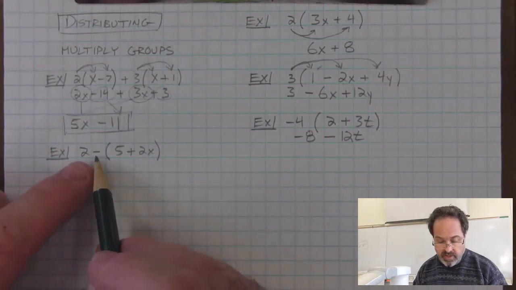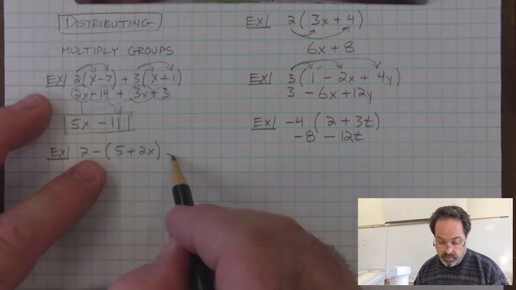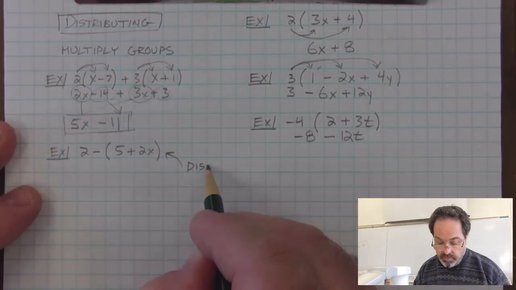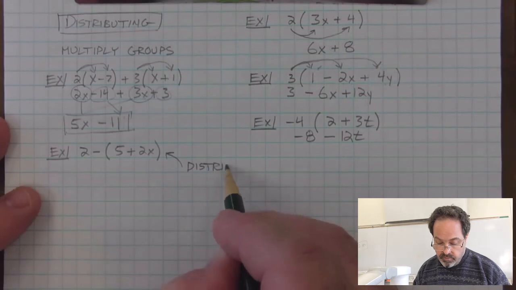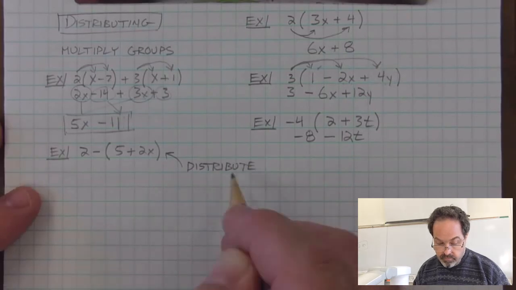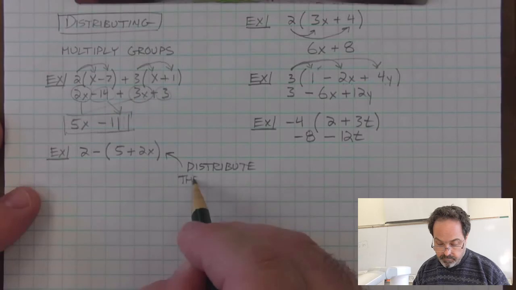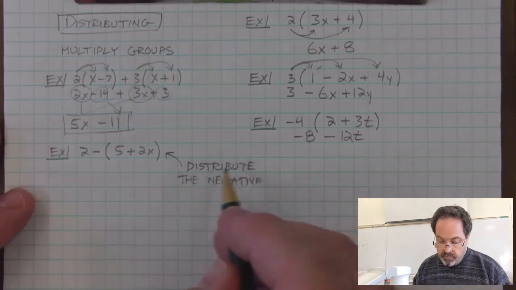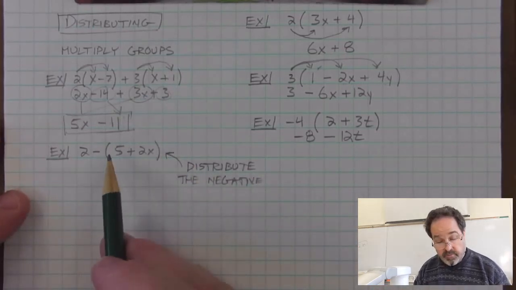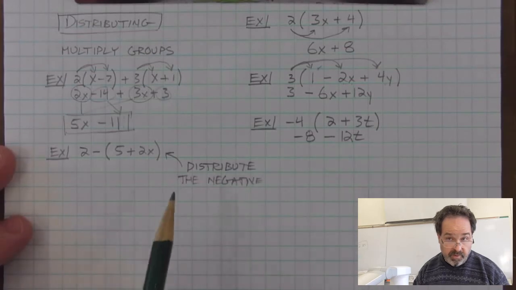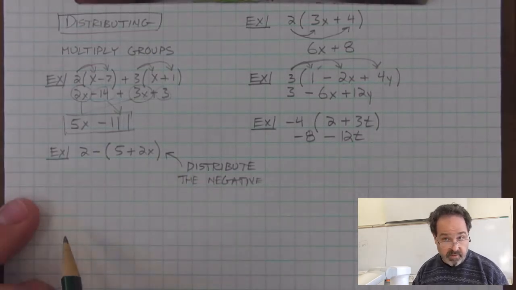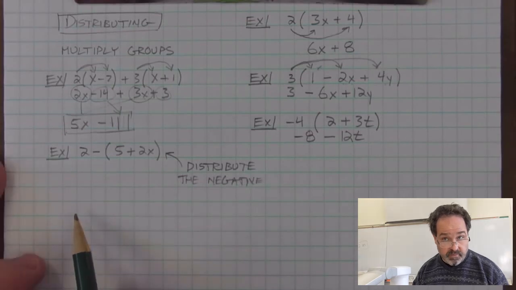When we see a negative out in front of a group, we want to be careful and we want to think about what it means to distribute the negative. This is a situation in which many people, even those with a lot of experience of mathematics, often make a mistake in the need to distribute the negative.